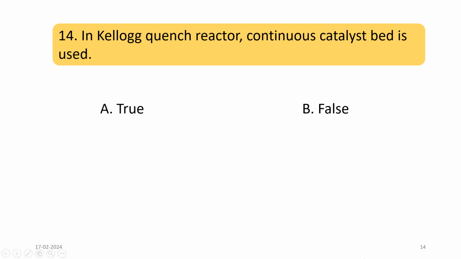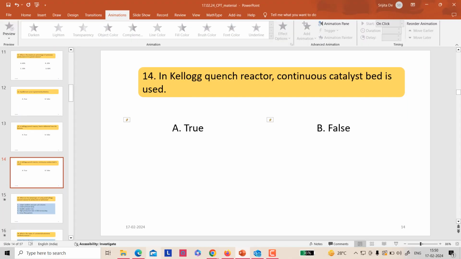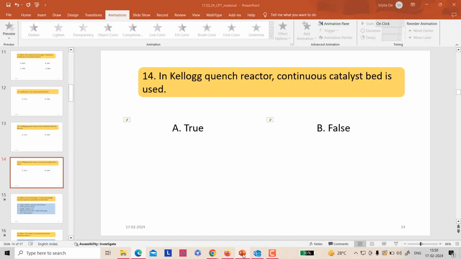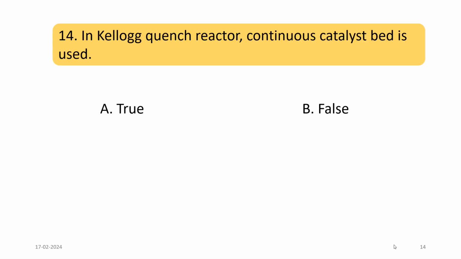So here the answer is false. In Kellogg's, as you have just seen, 4 different catalyst beds are used. So they are not continuous. So here the answer will be false.